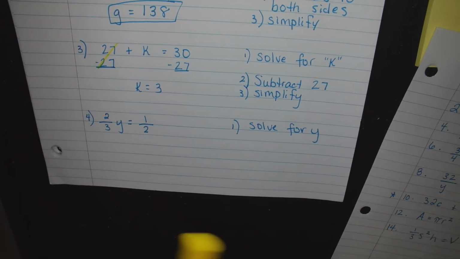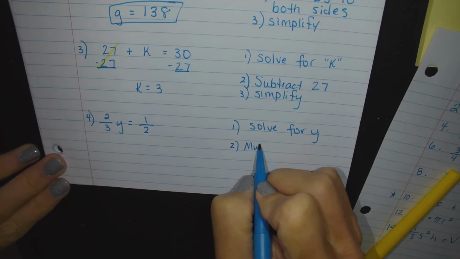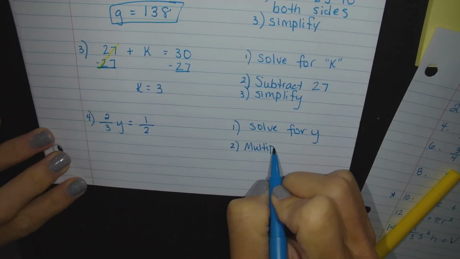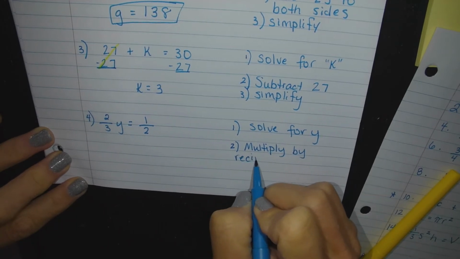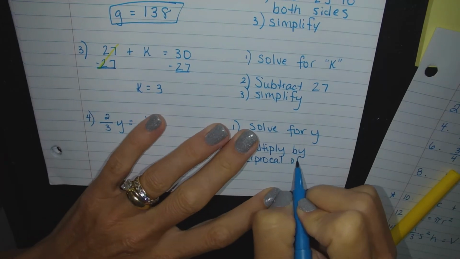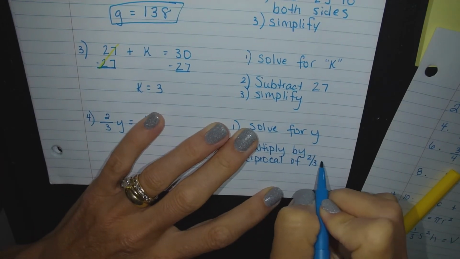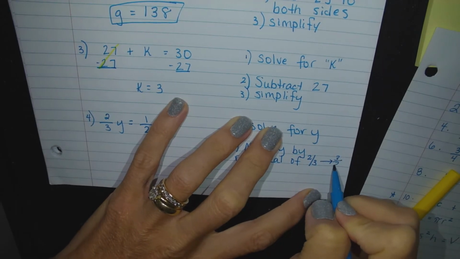Yes, ma'am. So over here in your steps, you want to say multiply by reciprocal of 2/3. Well, what is the reciprocal of 2/3? 3/2.